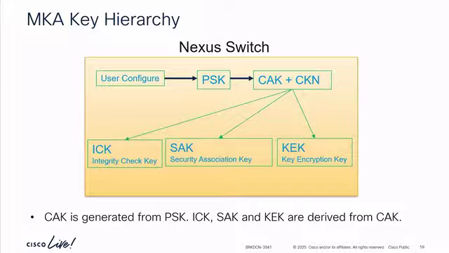That key is called the key encryption key, right? And then finally, we have the ICK, integrity check key. That's the key that we use with our hashing algorithm to make sure that the data has not been modified. Okay, guys, so just to tell you at a high level, these are the keys that are exchanged and their use in MACsec.